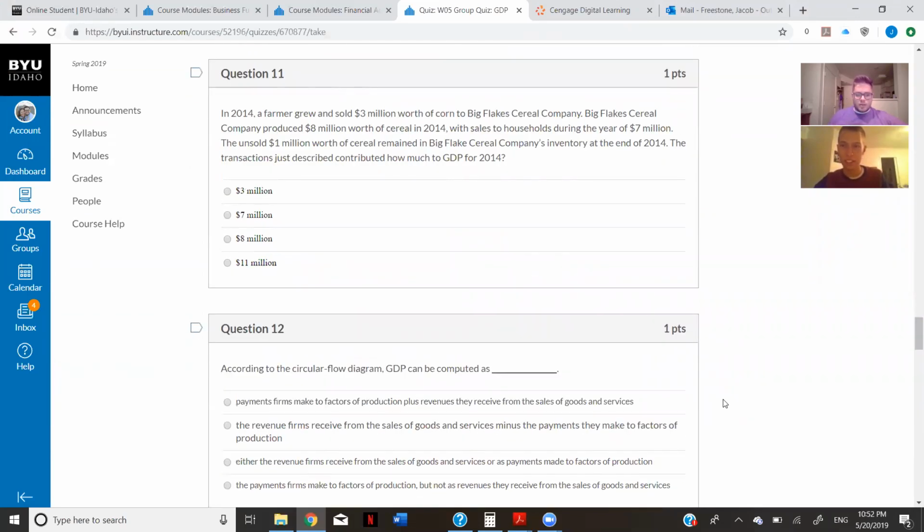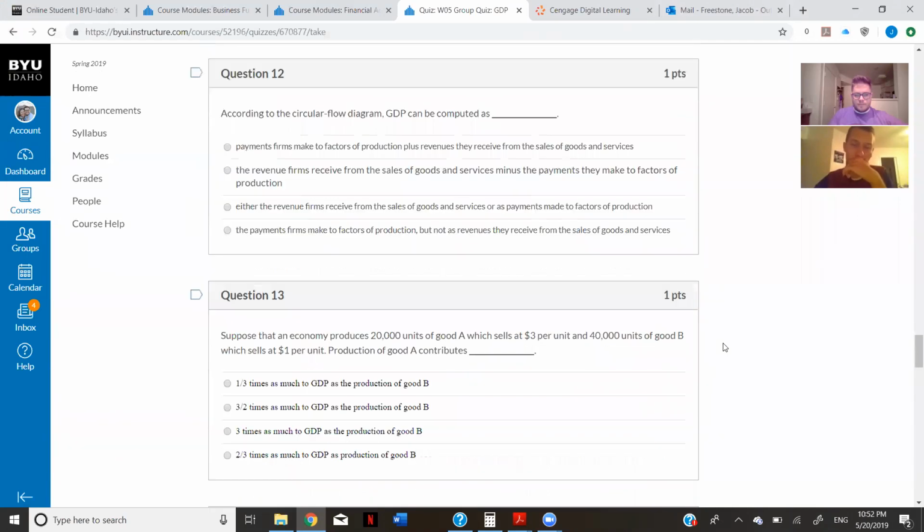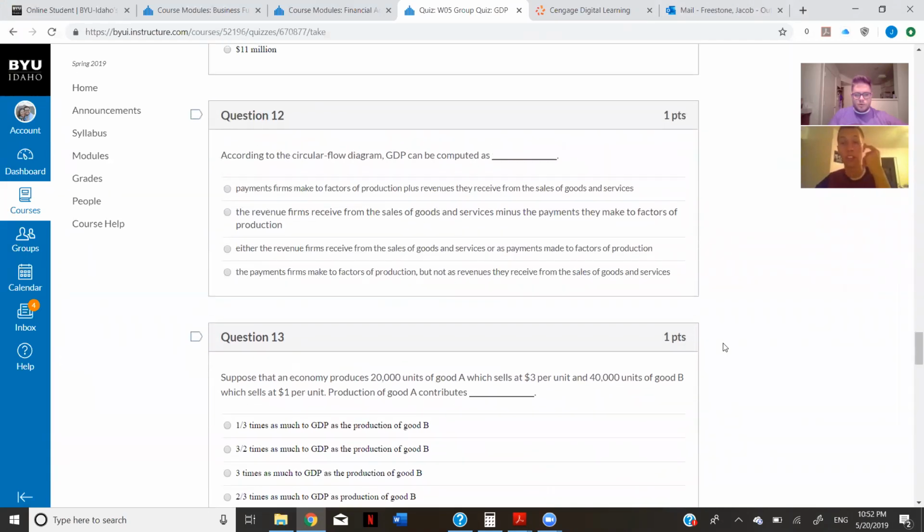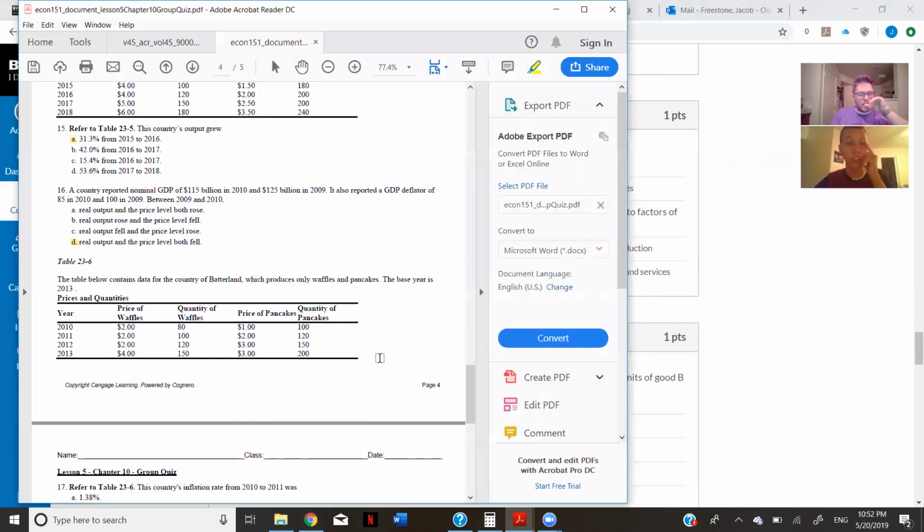This is the farmer one. So we decided it was 8 million. Yes. Farmer and big cornflakes. Okay. The next one is 12. It says, according to the circle flow diagram, GDP can be computed as what? I don't remember what I put on that one.